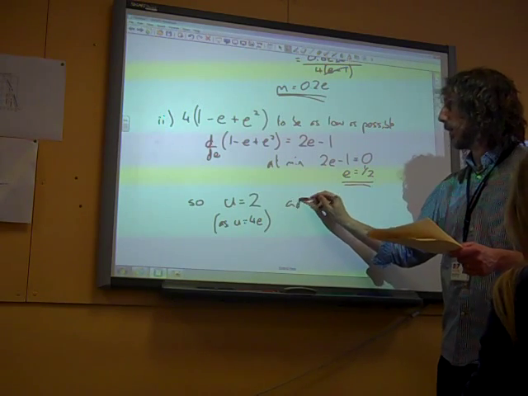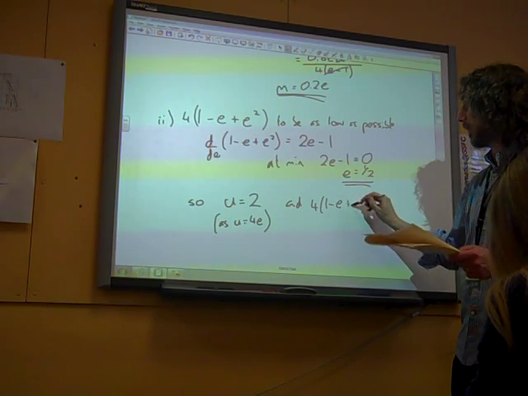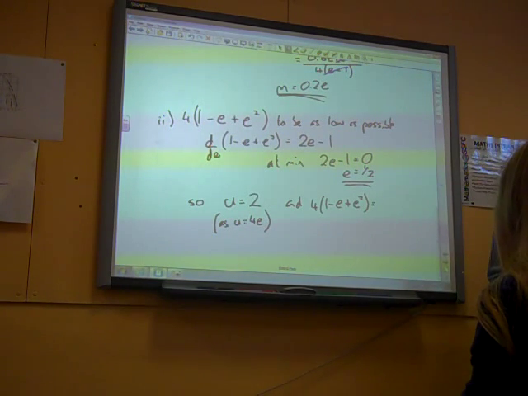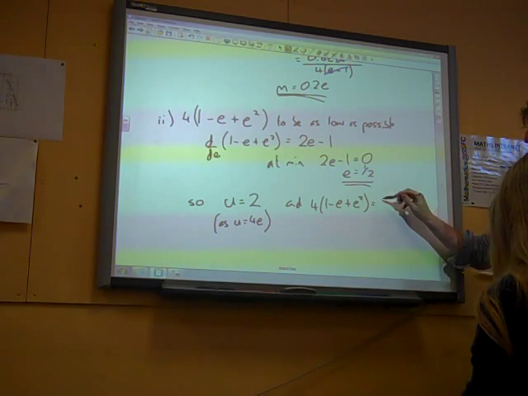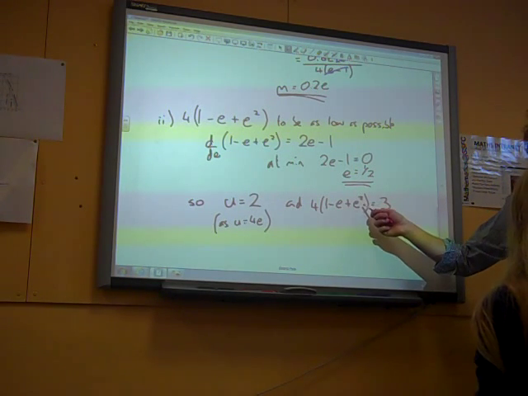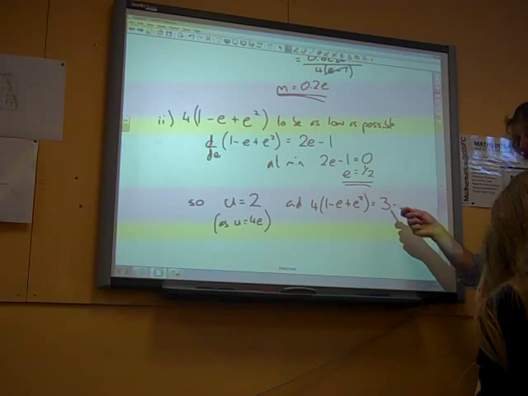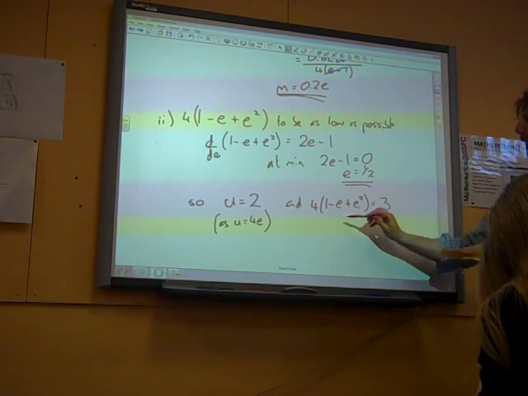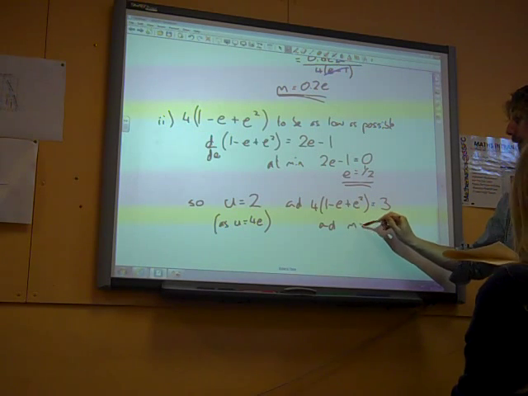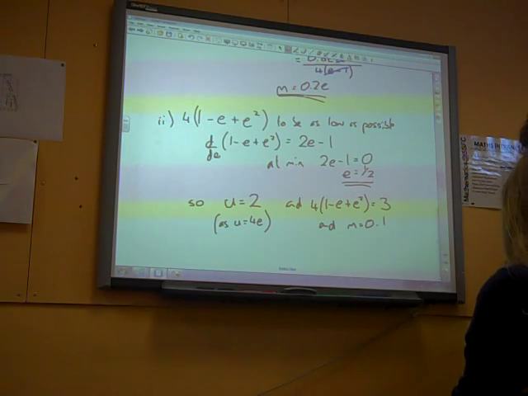And 4 times 1 minus e plus e squared happens to give me a minimum speed of 3. 1 minus a half plus a half squared is 3/4, isn't it? That's 1 minus a half is a half, plus a quarter is 3/4, times 4 gives me 3. And m, which is 0.2 times e, is 0.1.